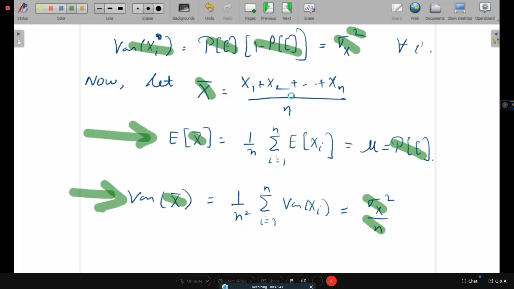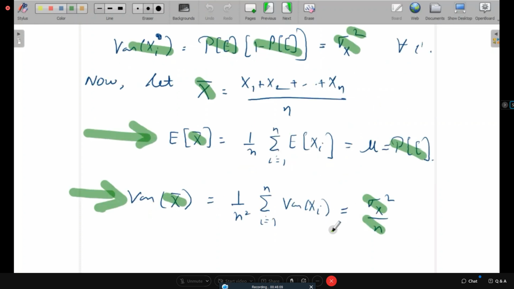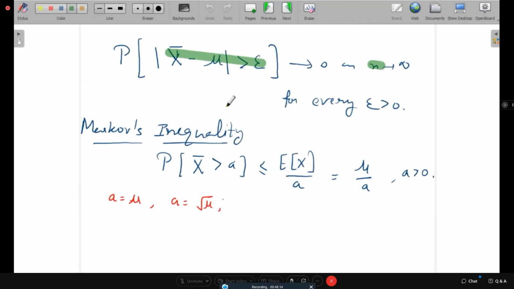Now what this weak law of large numbers says is that the probability that X bar is going apart from the mean mu by more than epsilon, for any epsilon bigger than 0, tends to 0 as n tends to infinity. So what does it signify?